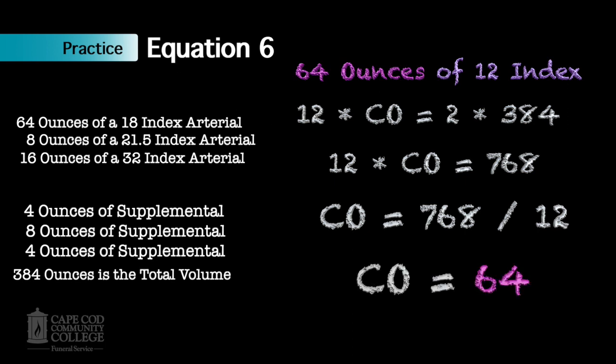This gives us 64. So we're going to use 64 ounces of a 12 index chemical to reach a total volume of 384 after adding our supplemental chemicals and water. And that's going to give us a 2% solution in the tank.